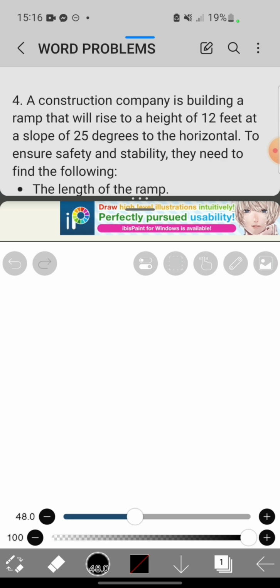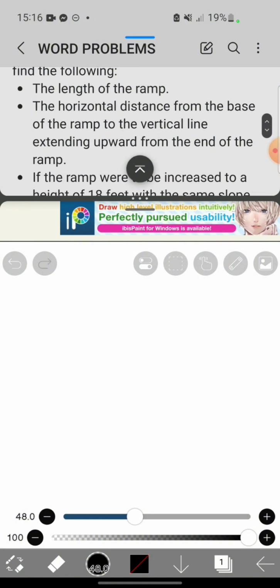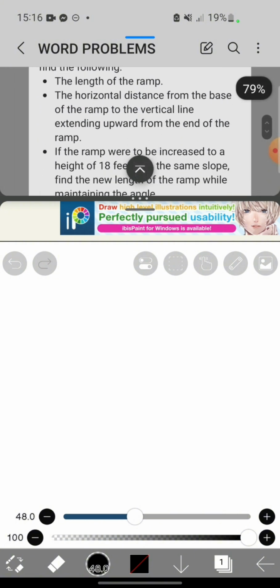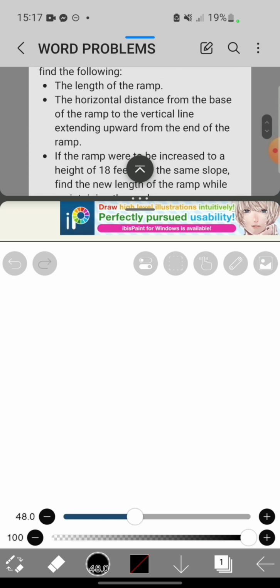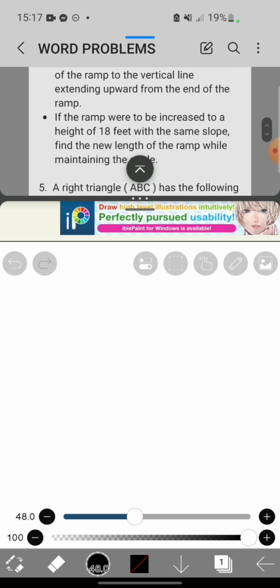To ensure safety and stability, they need to find the length of the ramp and the horizontal distance from the base of the ramp to the vertical line extended upward from the end of the ramp. If the ramp were increased to a height of 18 feet with the same slope, find the new length of the ramp while maintaining the angle.